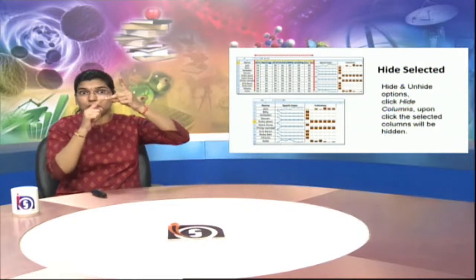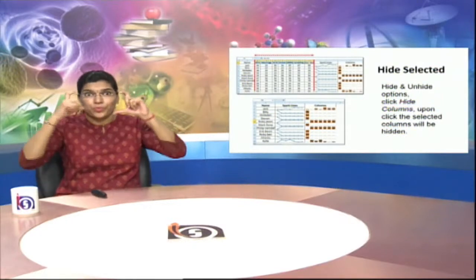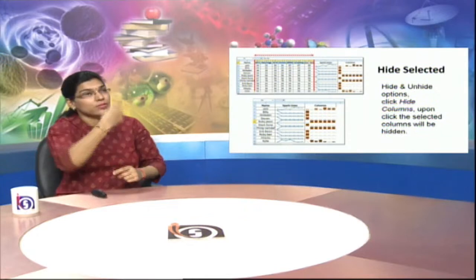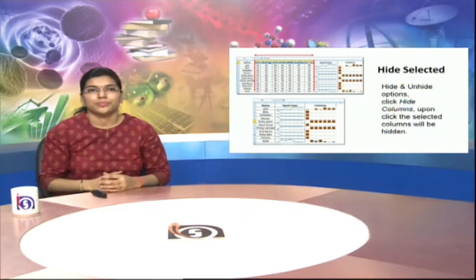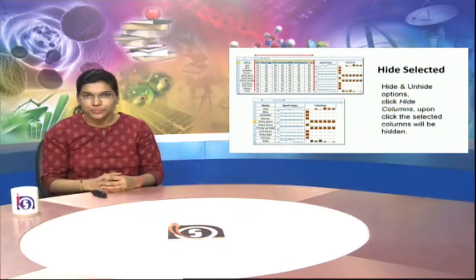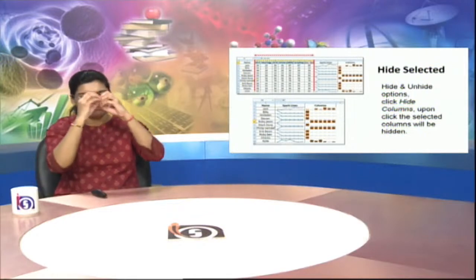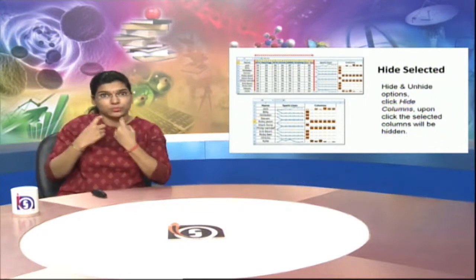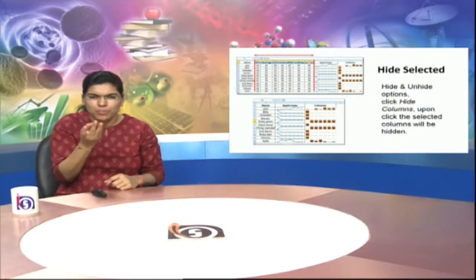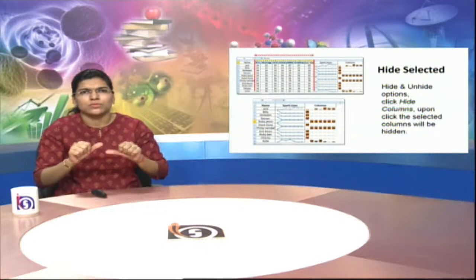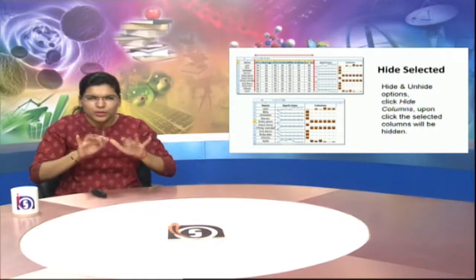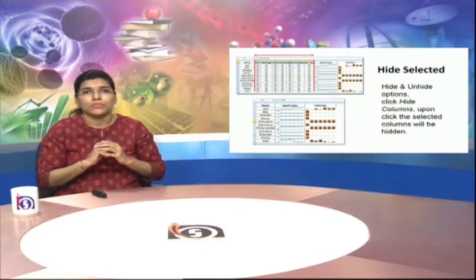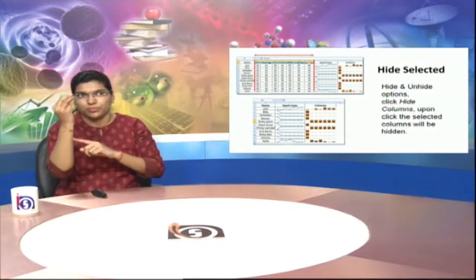Before, I explained the first point, auto fit, now I will explain the hide selected point. For example, I have written something and there are students who are asking me about Hindi or mathematics, science or anything they are doing on the computer, percentage.